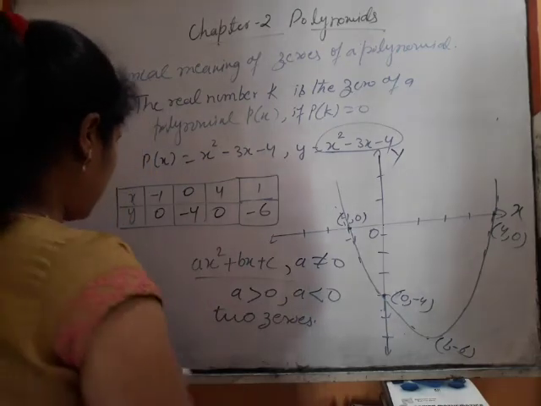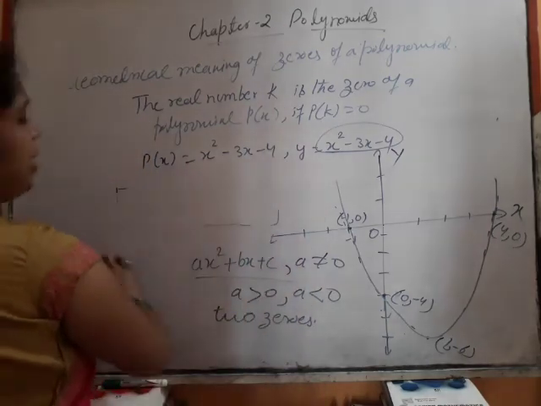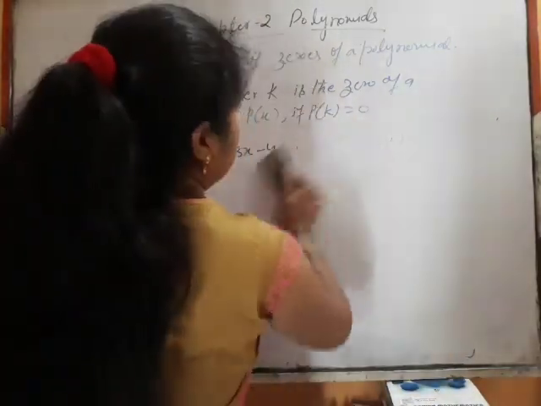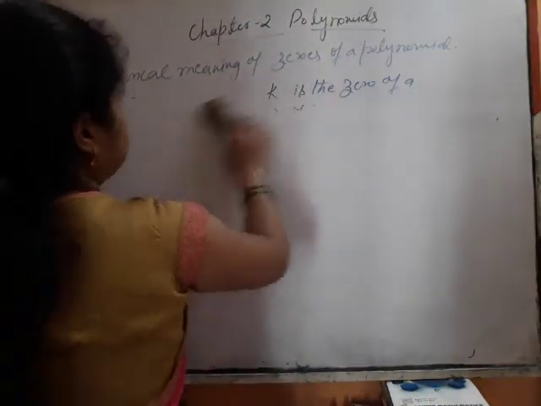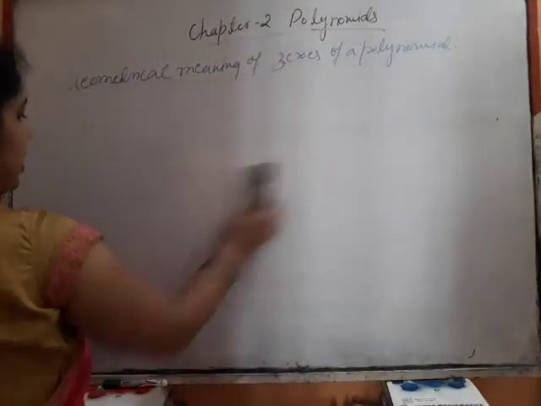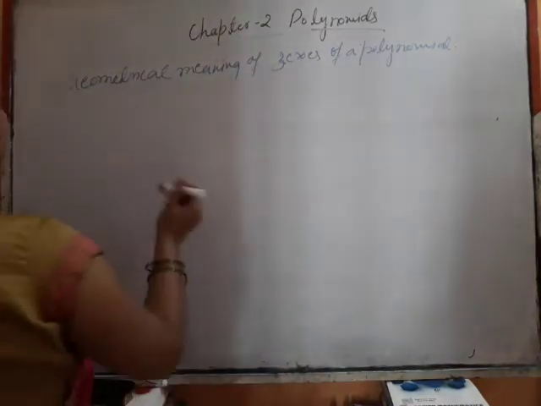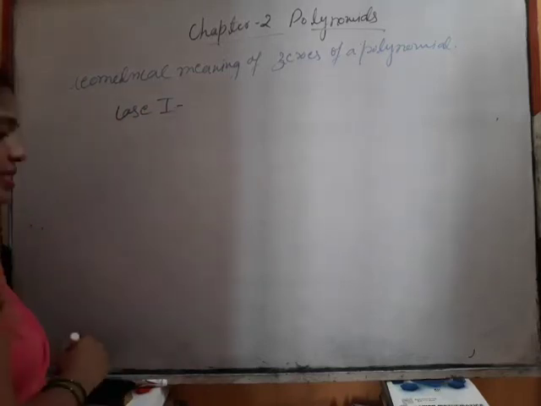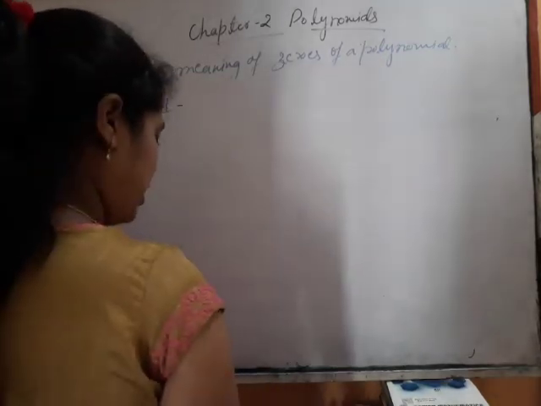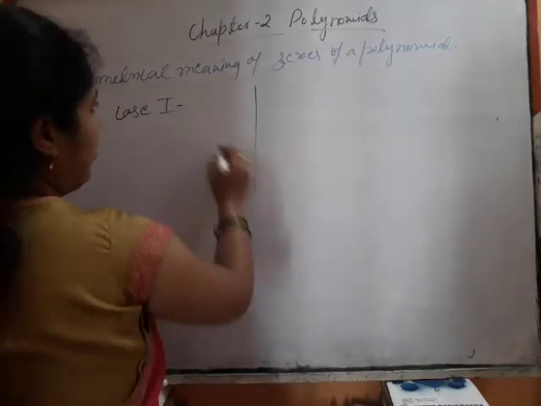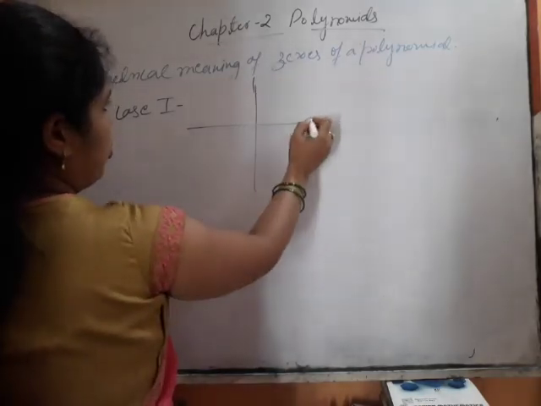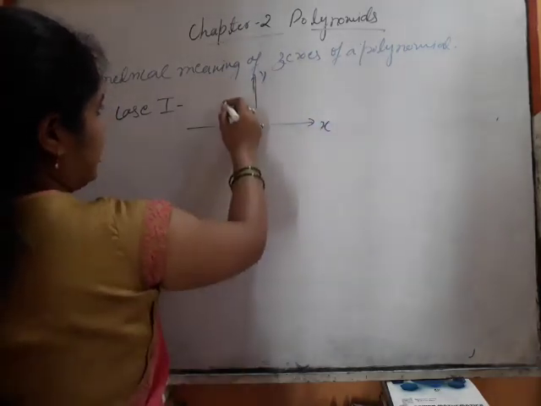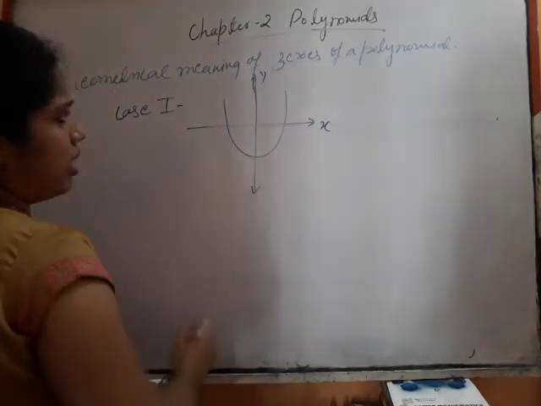Now in the case of a quadratic polynomial, some cases are here. Case 1: suppose this is the x-axis and y-axis, and the graph you get is this way.